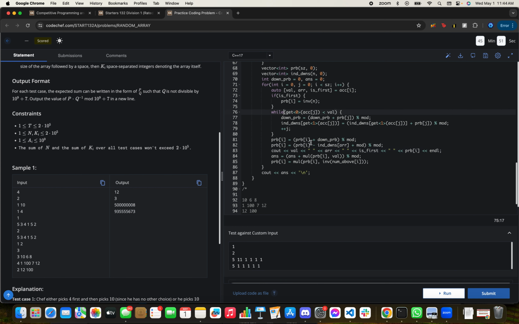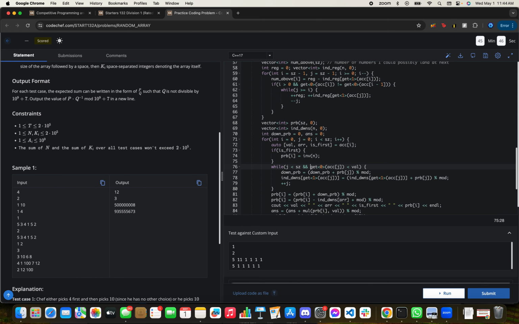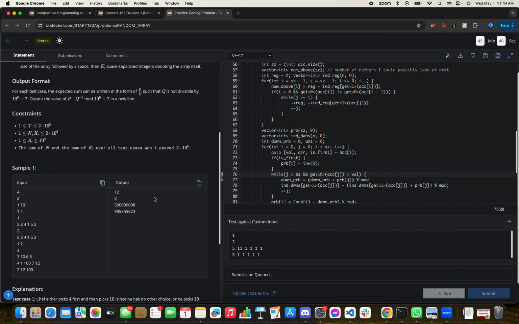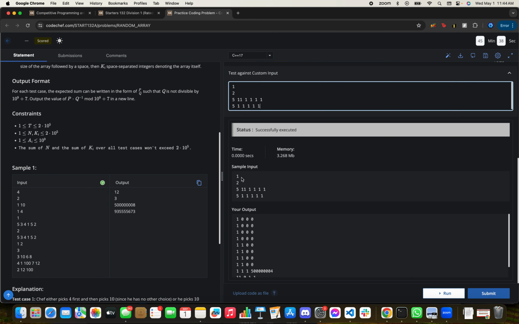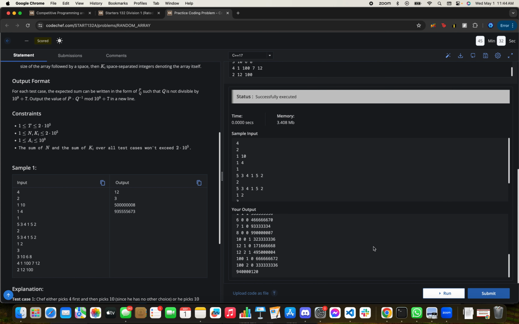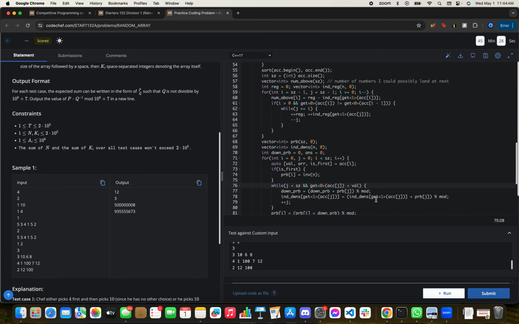Could just be an out of bounds thing. No, that's not it. What the fuck?